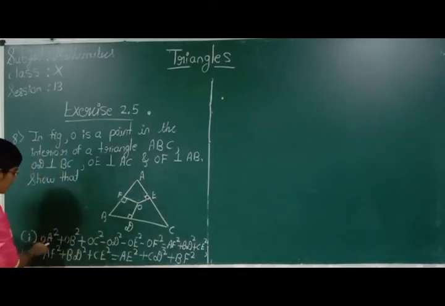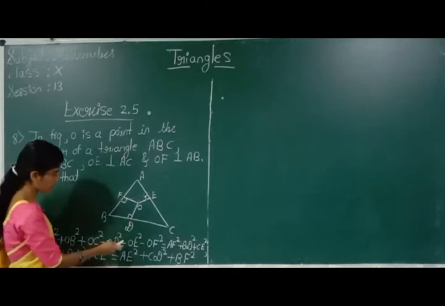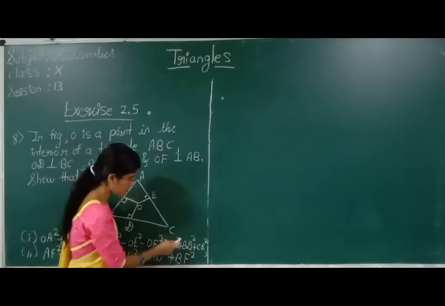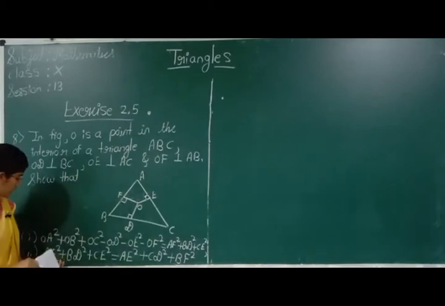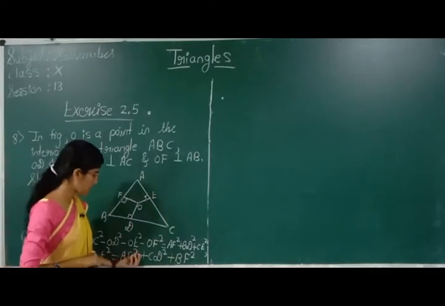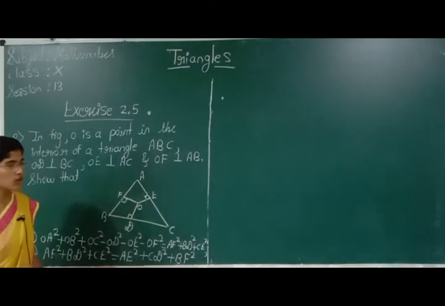We have to show that OA square plus OB square plus OC square minus OD square minus OE square minus OF square is equal to AF square plus BD square plus CE square. Again, the second one we have to prove: AF square plus BD square plus CE square is equal to AE square plus CD square plus BF square. These two we have to prove.